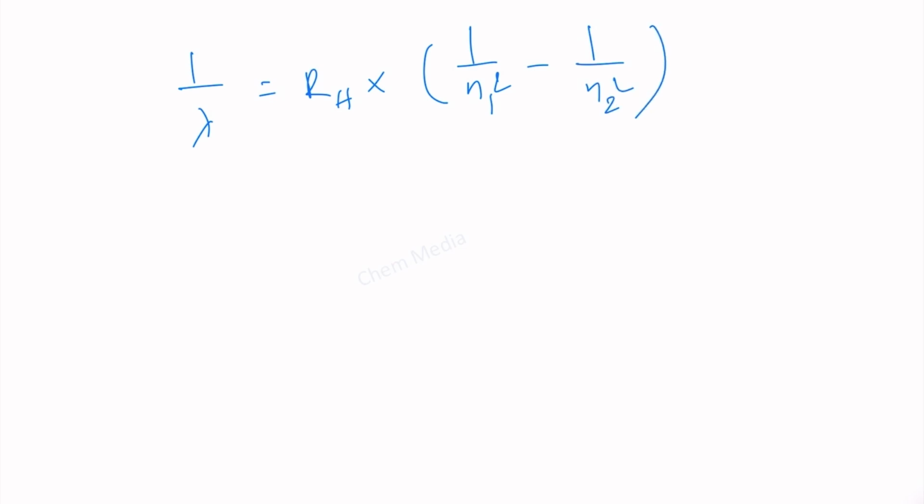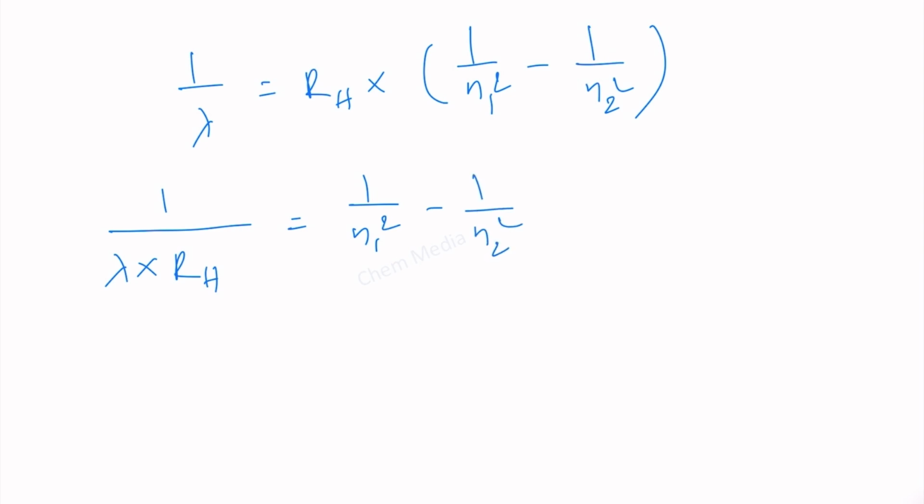Therefore, we can write that 1 by lambda is equal to Rydberg constant times 1 by n1 square minus 1 by n2 square. Therefore, 1 by lambda times Rydberg constant is equal to 1 by n1 square minus 1 by n2 square.